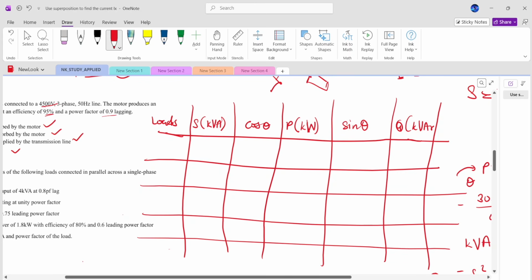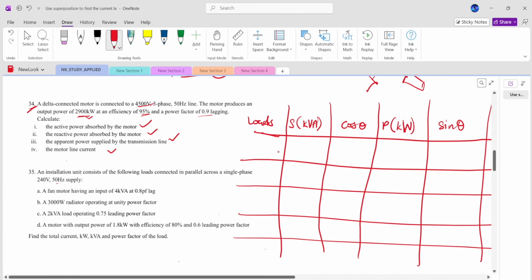The first load given is a fan with a motor. They are saying it has 4 kVA, which means they are giving us the S. So we have S as 4 kVA. The power factor is 0.8 and it's lagging. I'll talk about this lagging very soon.